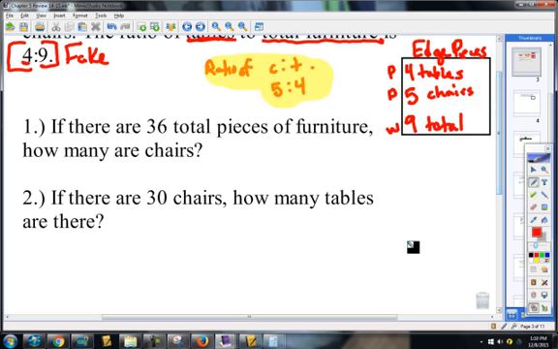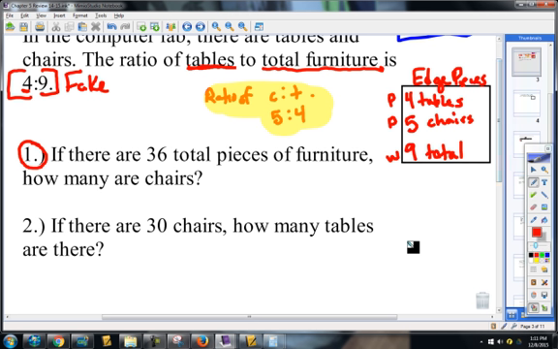Okay. All right. Number 1, I'd like you guys to go ahead and try to do this with a proportion on your own. Okay? Hopefully you've already done it. Remember, this is how we always start our proportions. So if you didn't do it this way, you need to make the correction on your own. First thing you're going to do is make your proportion.